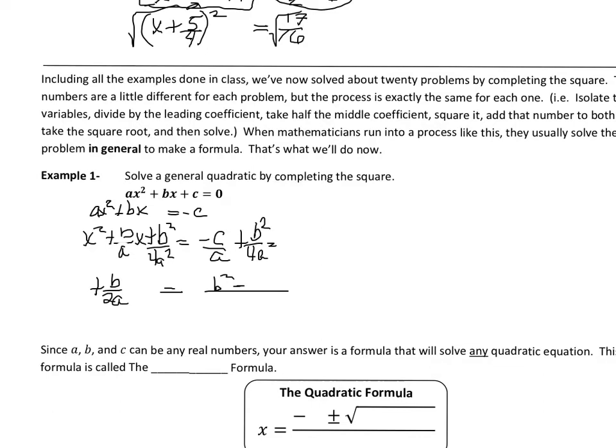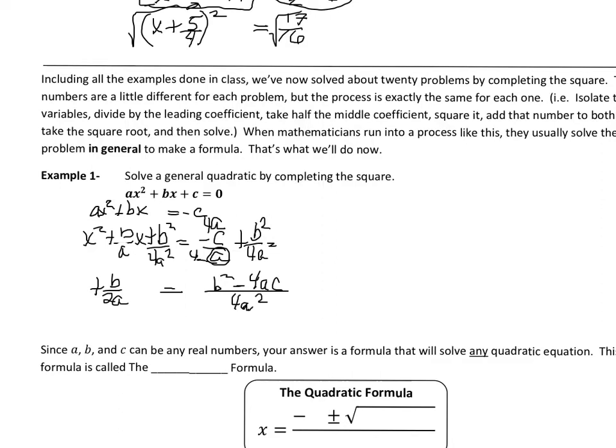To make this 4a squared, I have to multiply it top and bottom by 4a. So now I get minus 4ac, and then that's all over 4a squared.